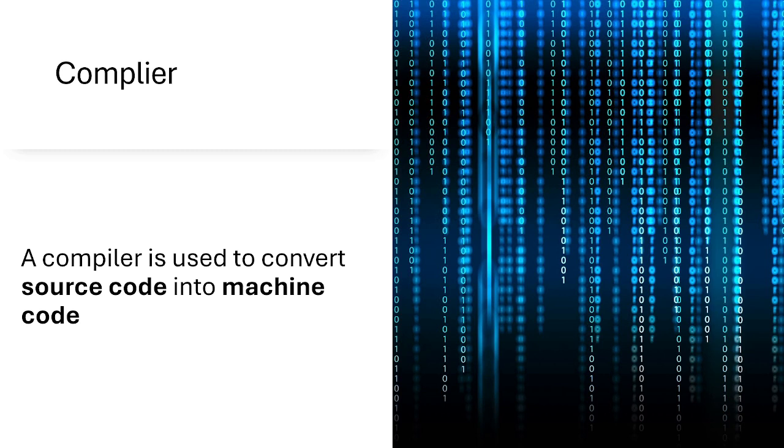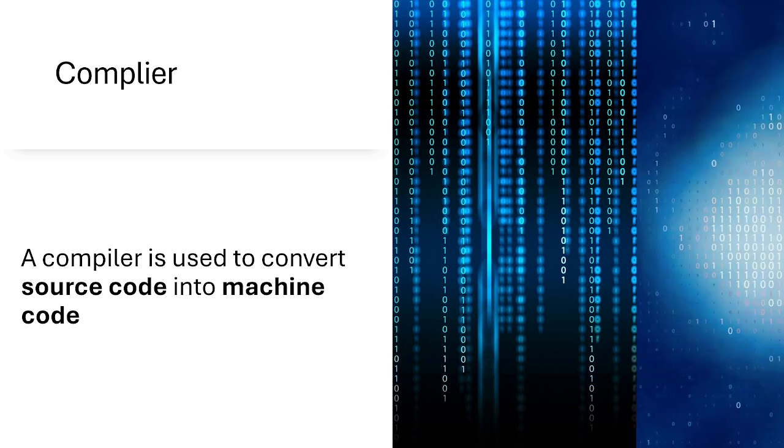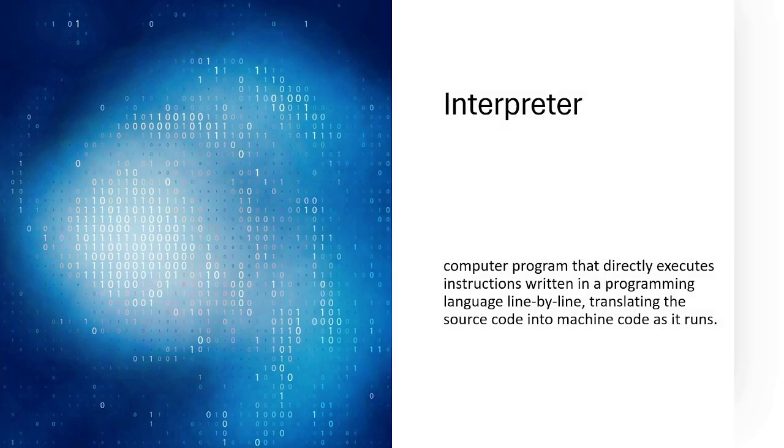Another term that we need to know for CSEC, we see it often in your paper one, is something called an interpreter. Just like we have someone to do a Spanish or French interpretation, an interpreter does not convert an entire paragraph or entire piece of code all at once.